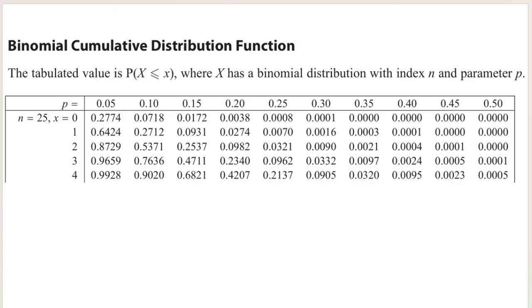So we go to the binomial cumulative distribution table with n equals 25, and probability 0.05, and we want J less than or equal to 3, so it's 0.9659.